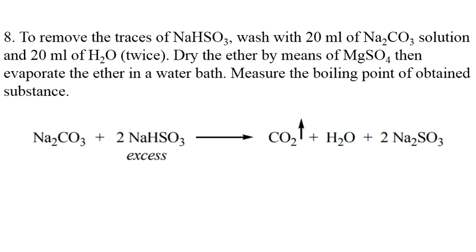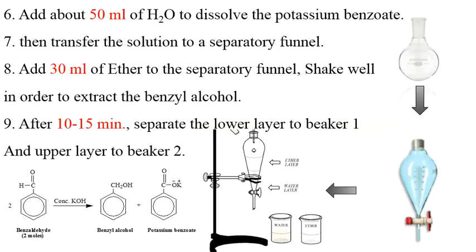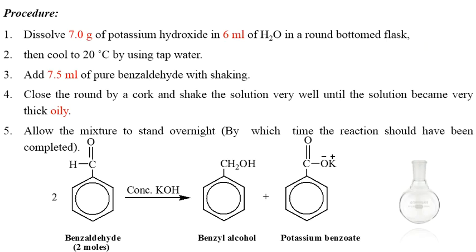This is the procedure for the Cannizzaro reaction. We'll divide it into 2 parts. Part 1, from point 1 to point 5, will be the preparation of benzyl alcohol and potassium benzoate.